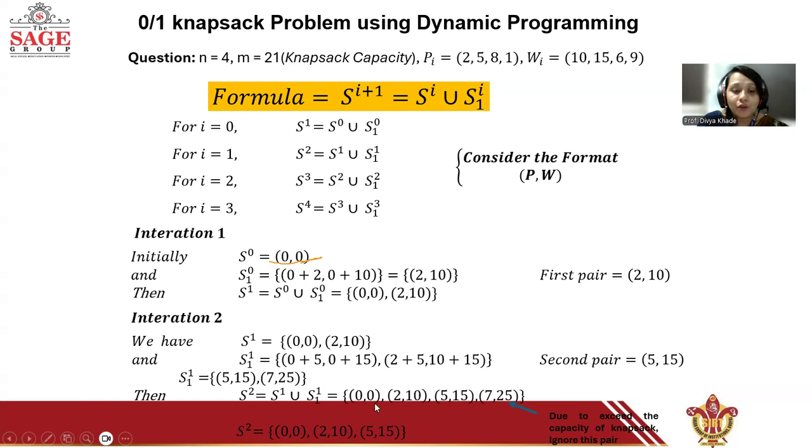Then we will do union of that and we'll get 0 0, 2 10, 5 15, and 7 25. Now, as you can see here, the weight is exceeding the knapsack capacity and the knapsack capacity is 21, which is mentioned over here. Now, we have to remove it. So after the purging rule, we will have 0 0, 2 10, and 5 15.